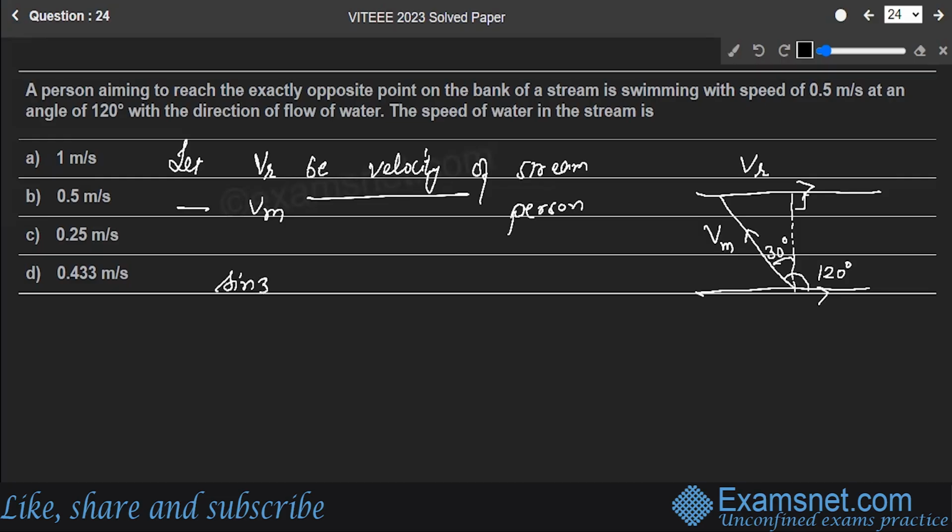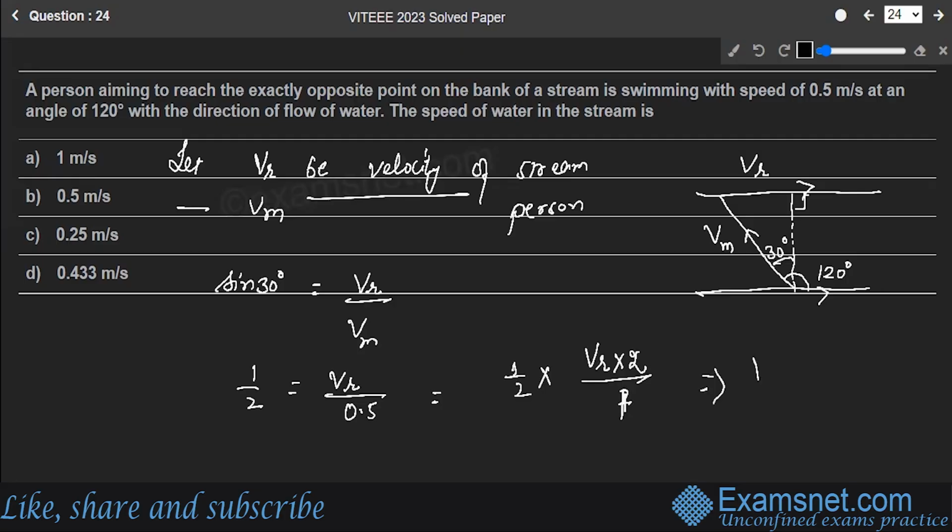Then you have sine 30-degree is equal to VR upon Vm. This is equal to 1 by 2, VR. I have to find out, Vm is 0.5. So this will be equal to 1 by 2 into VR into 1 by 2 by 1.